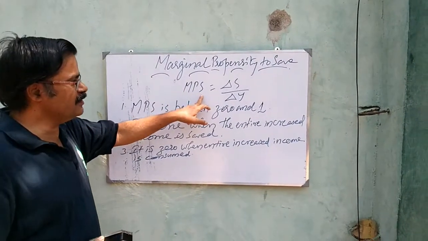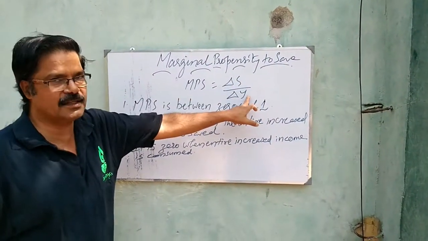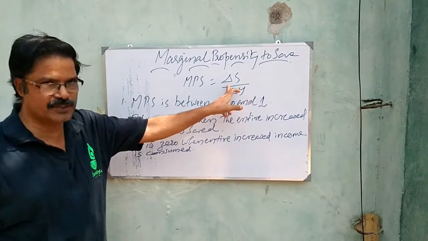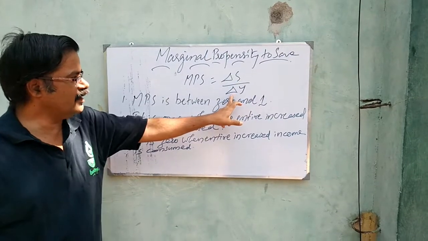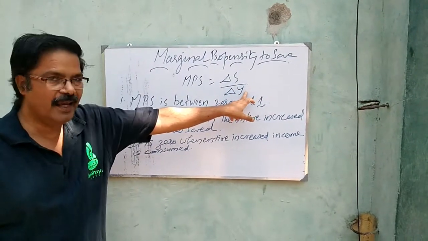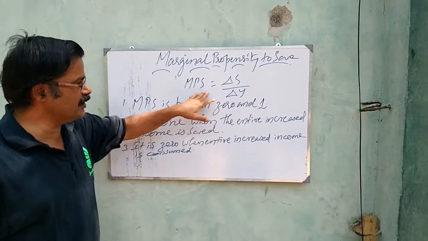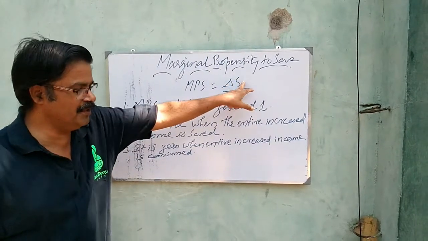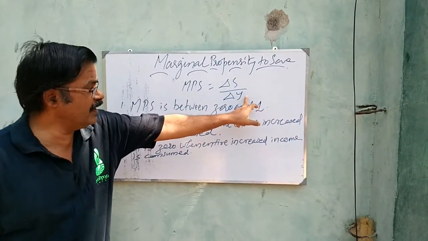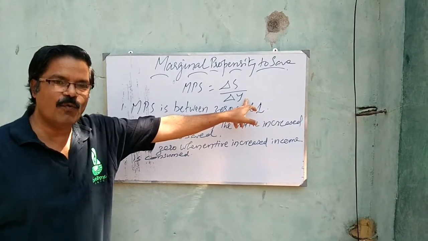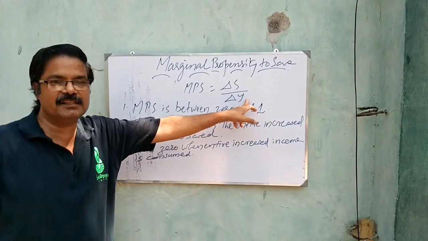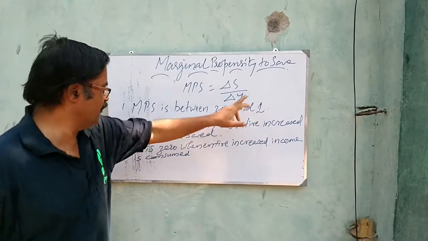So MPS is equal to delta S by delta Y. Here delta stands for change. So delta S means change in saving. Delta Y means change in income. So marginal propensity to save is the ratio between change in saving and change in income. Remember, it tells us what part of our increased income is being saved.